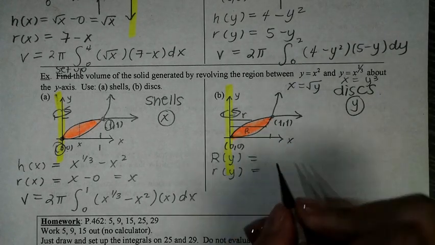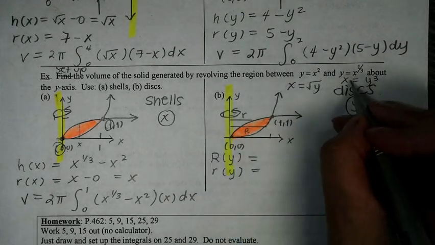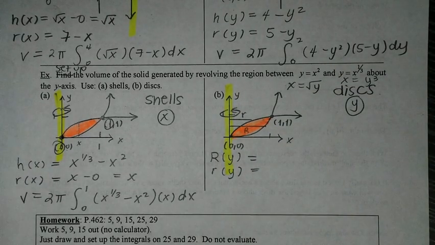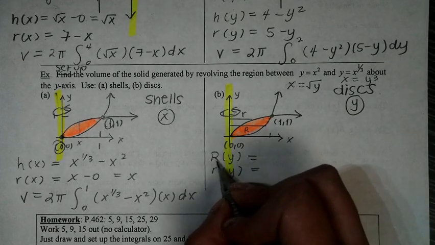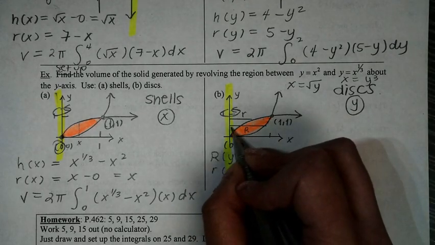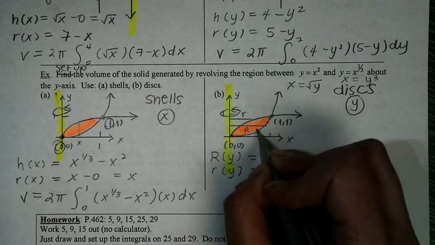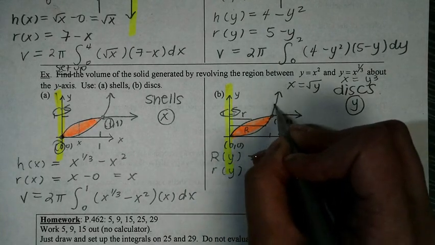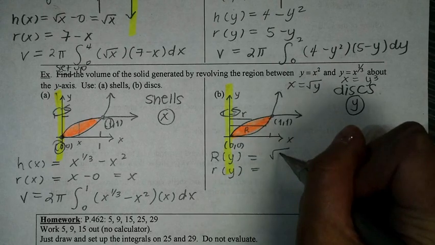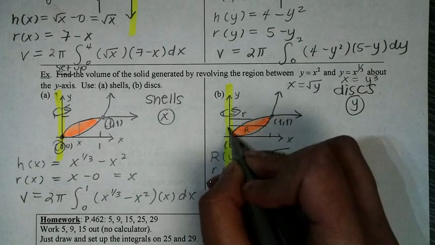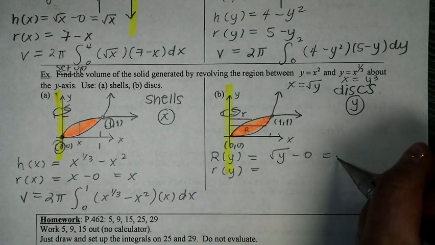Now with the changes I made to my equations, I have a different independent variable. Your big R of y is going to be the distance from the axis of revolution to the furthest point of your orange area. That's the square root of y minus 0, because this is your y-axis, so it's just root y.